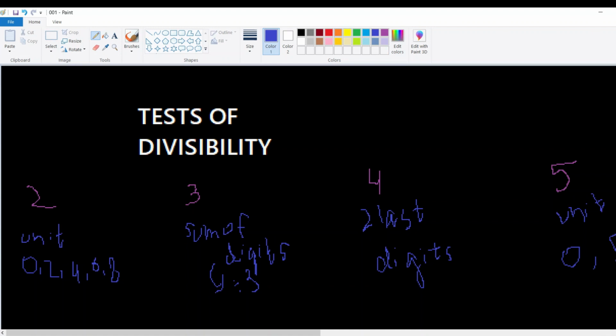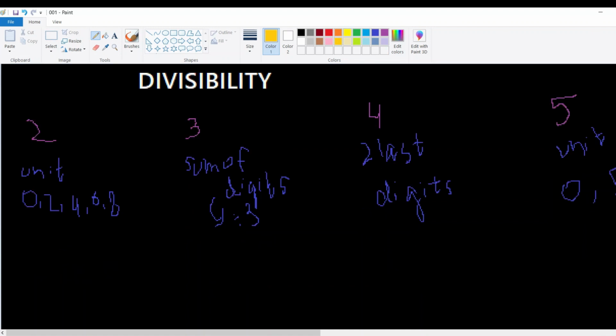Now I'll give you examples for each of these. For 2, let's say 2, 4, 6, 8, and another example is 1, 5, 6, 7, 3, 1, 1, 9, 3, 6, 3.